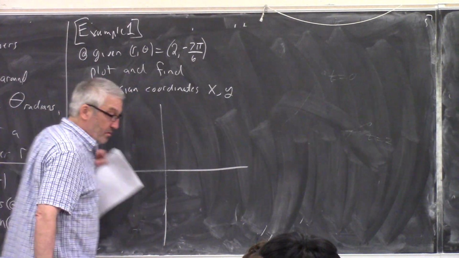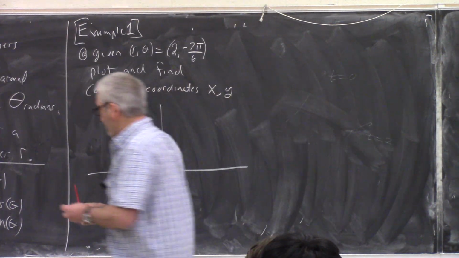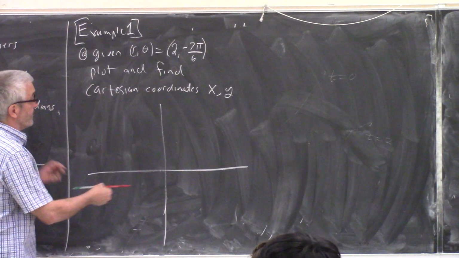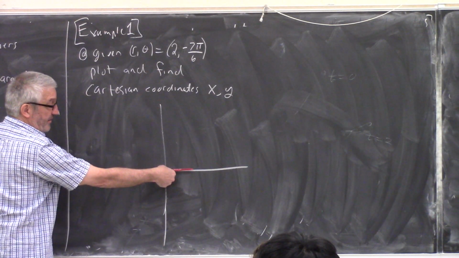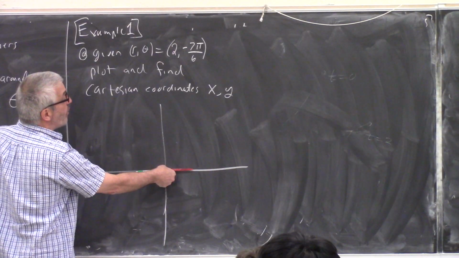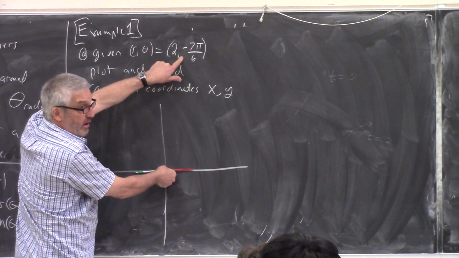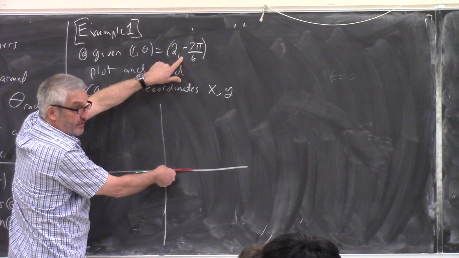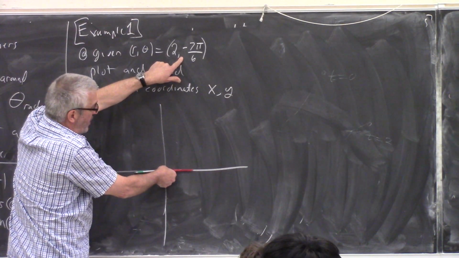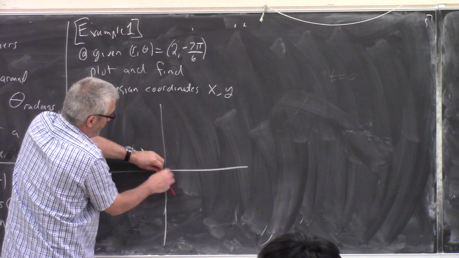All right, so here we go. Here's my x-axis. Positive x-axis pointing to the right, negative x-axis green. Now we're supposed to rotate counterclockwise through an angle of negative 7 pi over 6. But that means we're going to go this way. We're going to actually go clockwise 7 pi over 6.